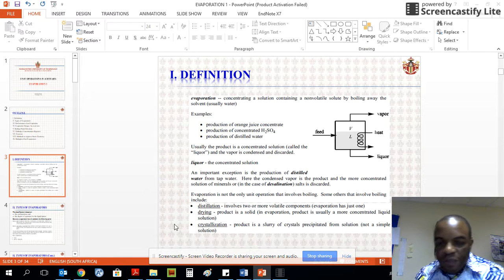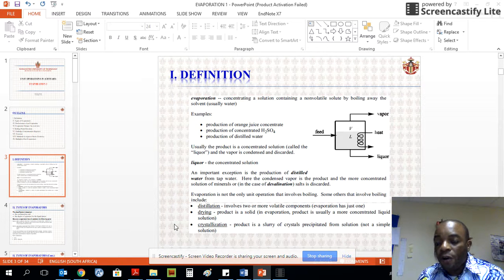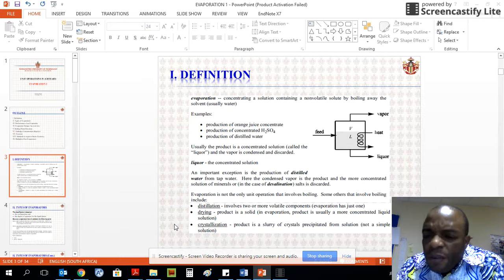Now, what is the difference between drying and evaporation? To dry is to remove a relatively small amount of liquid from a solid or another liquid or even from a gas, because remember that you can dry a solid, you can dry a gas, you can dry a liquid, as long as you are removing a relatively small residual amount of volatile liquid from another substance.